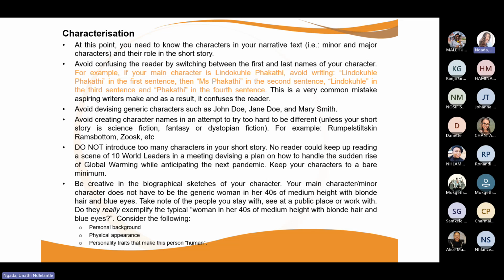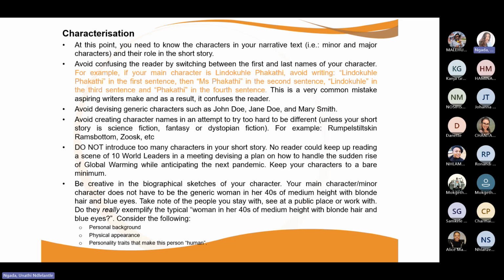Furthermore, please do not introduce too many characters in your short story. So for me as a reader, I cannot keep up reading a scene that involves 10 world leaders that are sitting at G20 and they're talking about global warming and they're busy anticipating the next pandemic. Please try and keep your characters to a bare minimum.